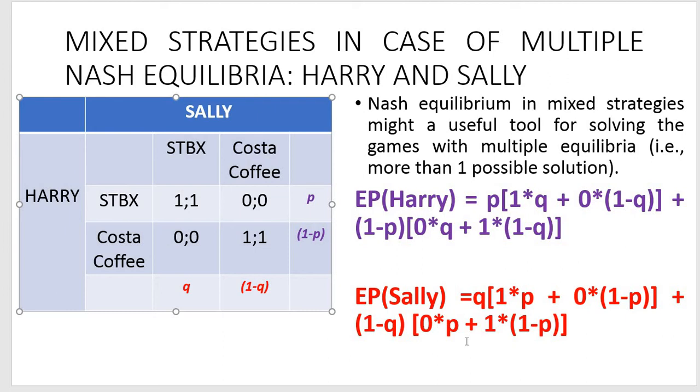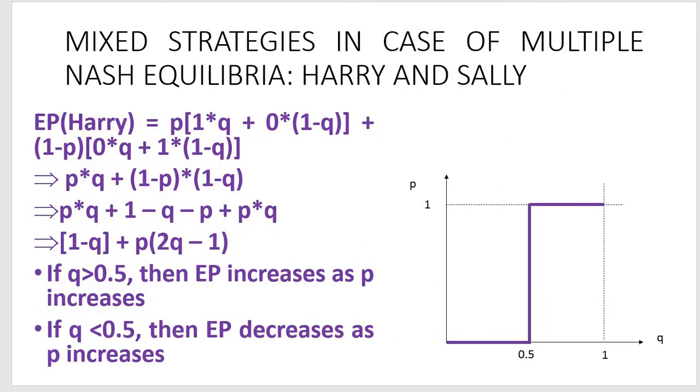This is what you've got here. For Harry, we've already defined the expected payoff function, and when you simplify, it will give you 1 minus Q plus P times (2Q minus 1).